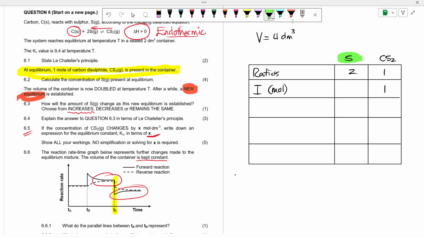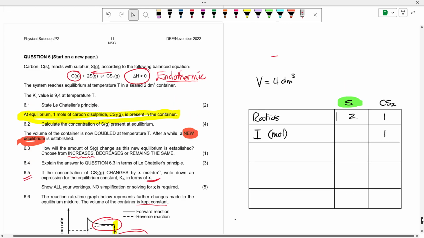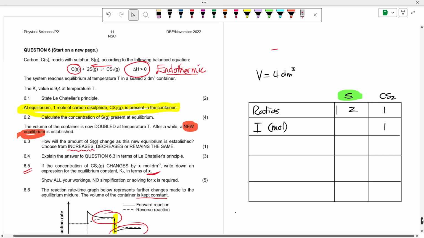Let me try and calculate something and see. Because now, this question, I thought it was simple. It's too much. We also have carbon at equilibrium 1.